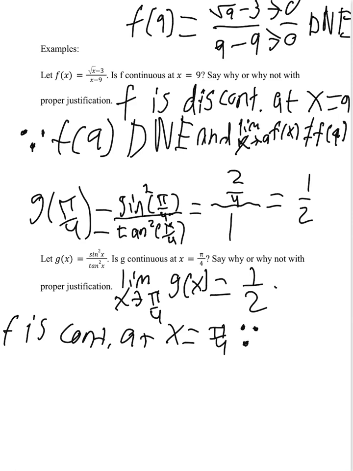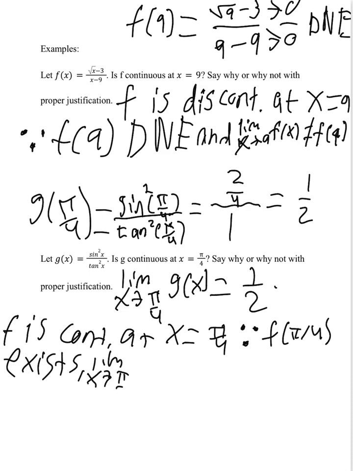I'm using the because notation, but you don't necessarily have to. g is continuous at x equals pi over 4 because g of pi over 4 exists, the limit as x goes to pi over 4.